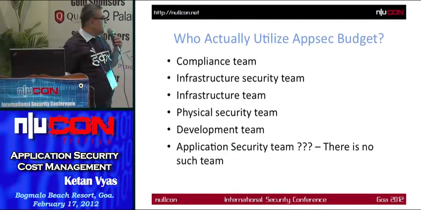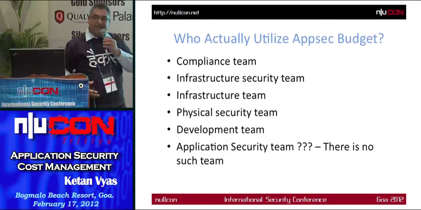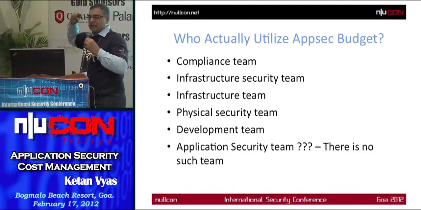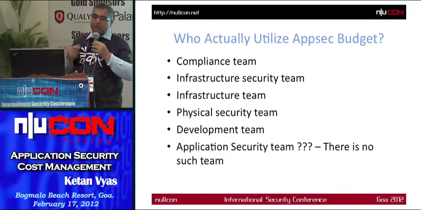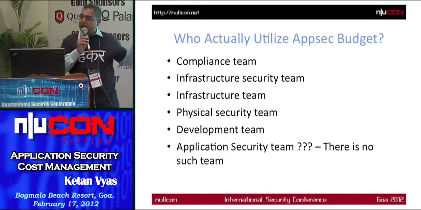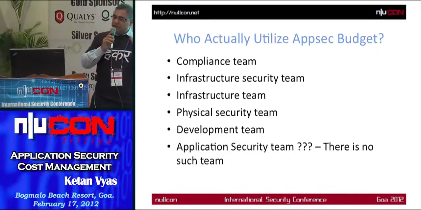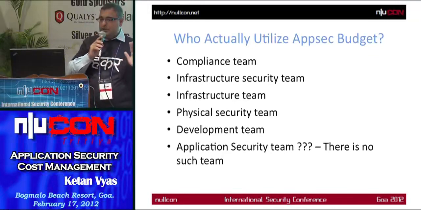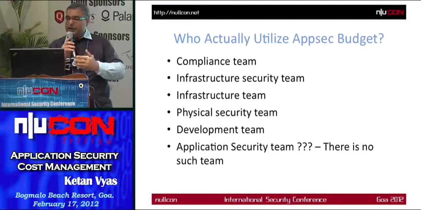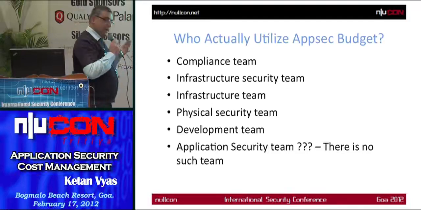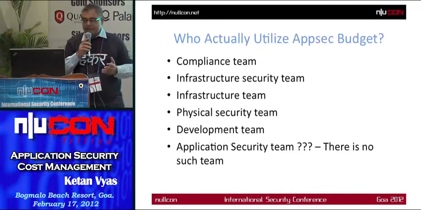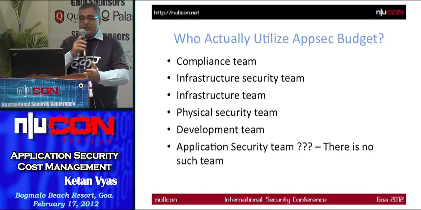And if you see who is actually utilizing the budget, it's an application security budget, but at the end of the day, who is going to utilize it? You may have a compliance team, they will come up with a standard saying that you need to comply. If it's the US, you need to comply with SOX. If it's a company dealing with the payment card industry, they will have PCI DSS. You may have an infrastructure security team.